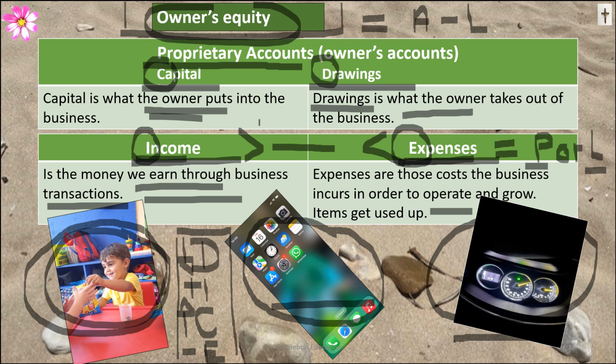There are 2 ways. Assets minus liabilities, and you can use this DICE acronym. But I will speak more about it as we go on. So now you know the definition of capital, drawings, income, and expenses.